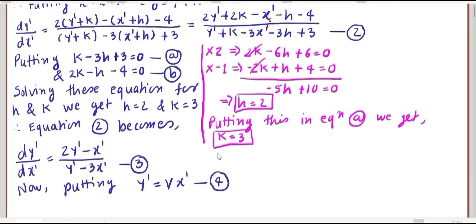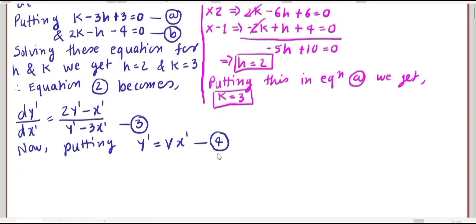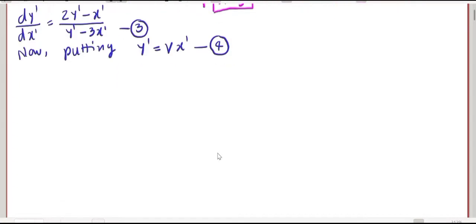Before that, taking the derivative of this with respect to x dash, we get dy dash by dx dash is equal to v plus x dash dv by dx dash. So this is equation number 5.